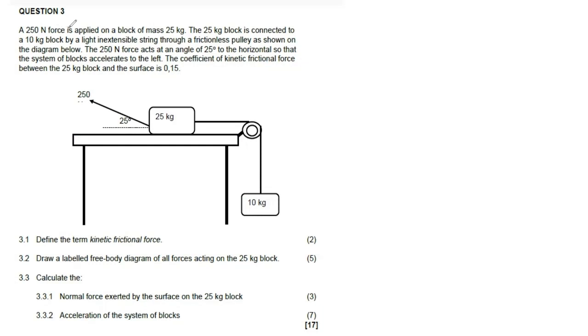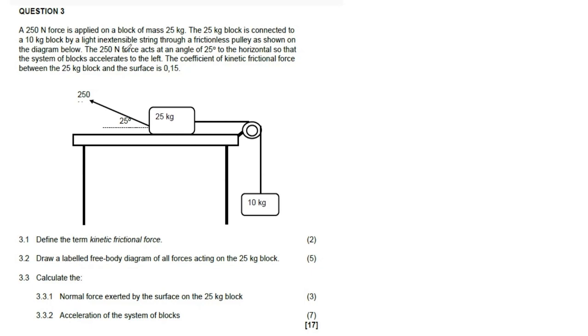Okay, so we have question 3, still on Newton's second law. It says a 250 Newton force is applied on a block of mass 25 kg. The 25 kg block is connected to a 10 kg block by a light inextensible string through a frictionless pulley, as shown on the diagram below.